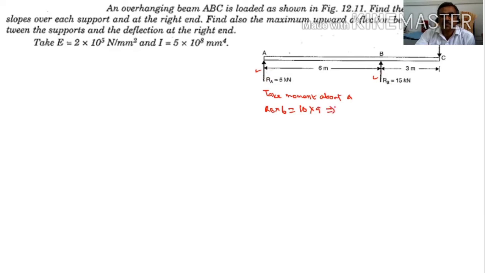So RB is equal to 10 into 9 divided by 6. That will be 15 kilonewtons.